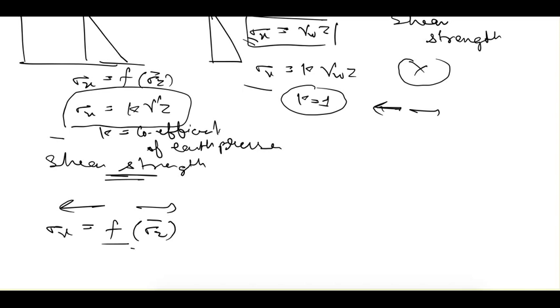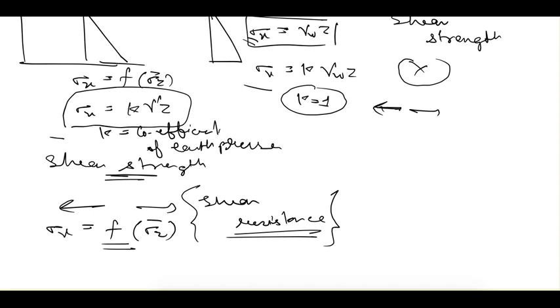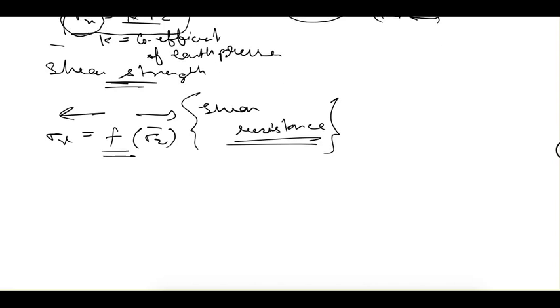It is not equal to vertical pressure. It can be less than the vertical pressure, it can be more than the vertical pressure, depending upon in which direction shear resistance is working. That we'll understand in some time. For now we can understand that because of shear strength in soil, the horizontal pressure is a function of vertical pressure, whereas in case of water it is equal to vertical pressure because water does not have any shear strength.